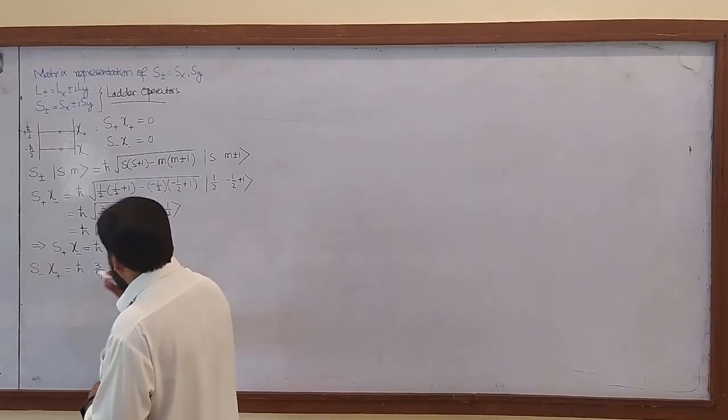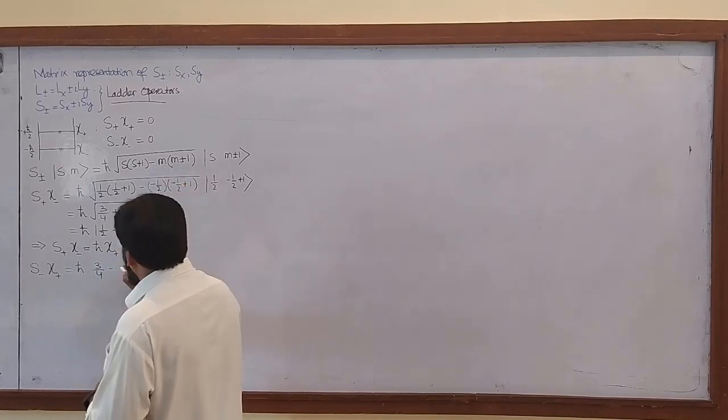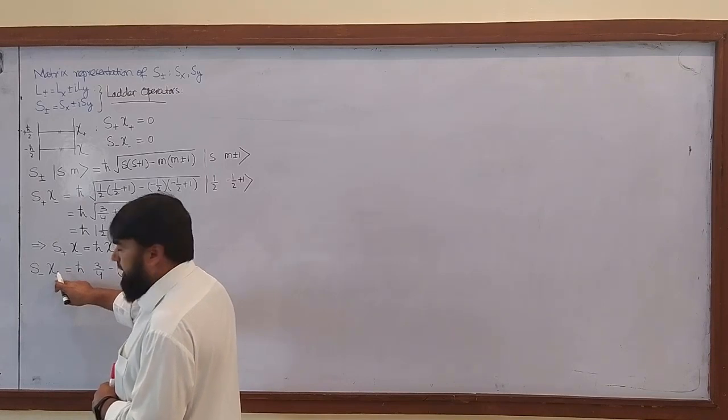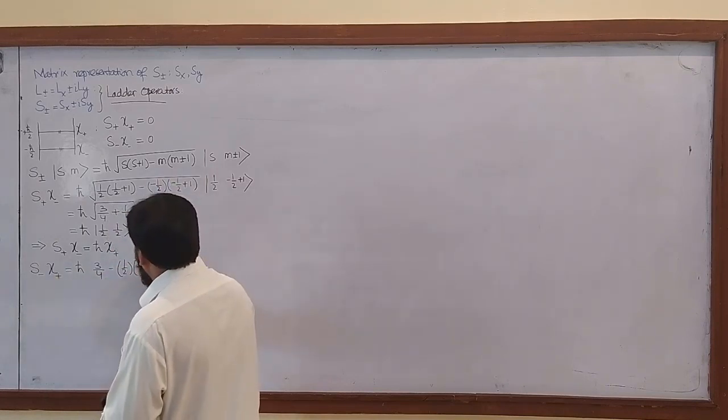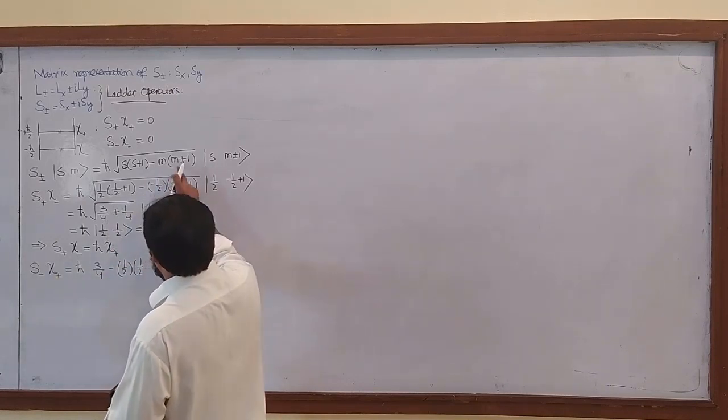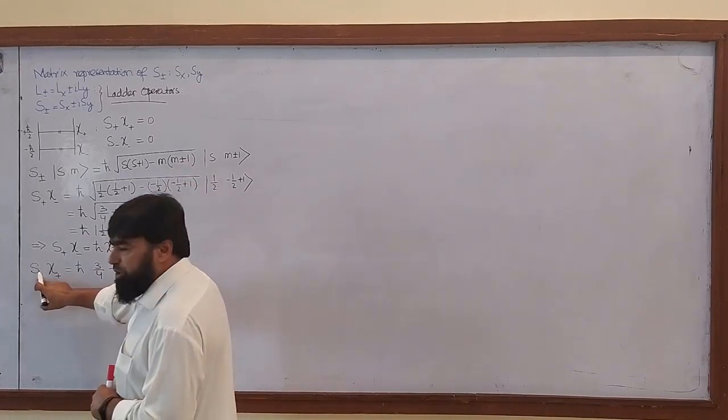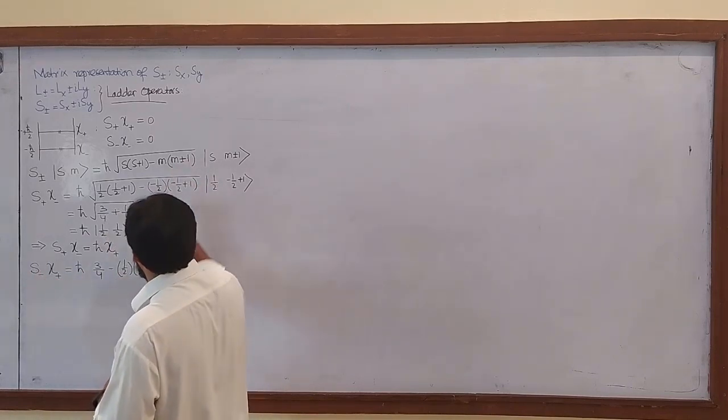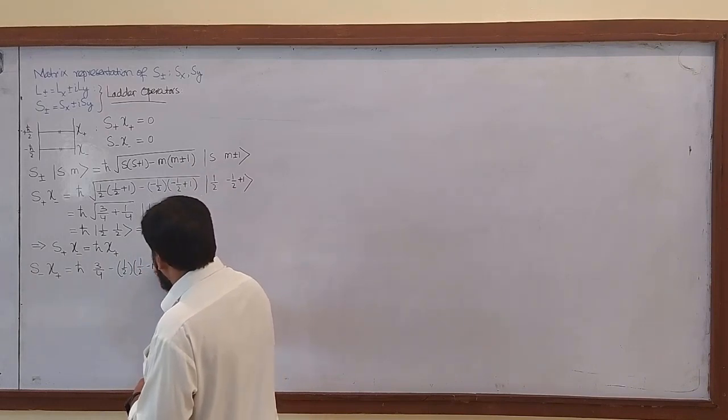Then in the equation I will get minus m, for chi plus m is half, because I am taking chi plus, and another m which is half, and then this minus I will take due to S minus, so minus and then 1.